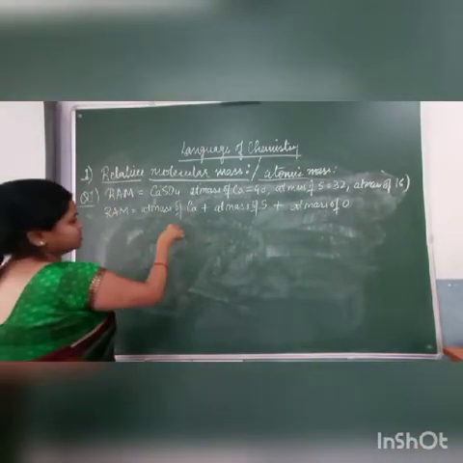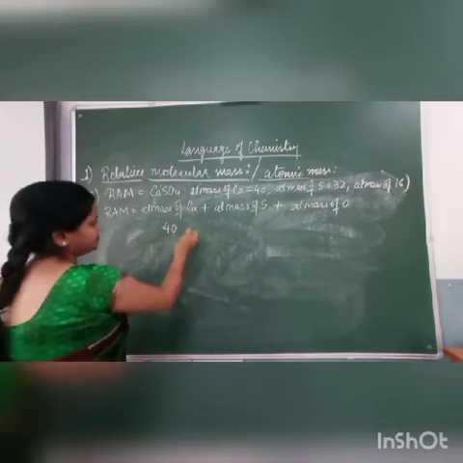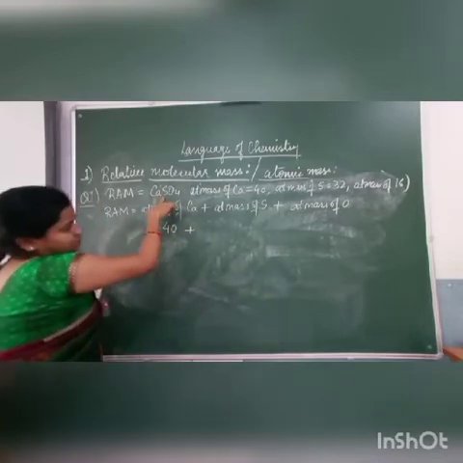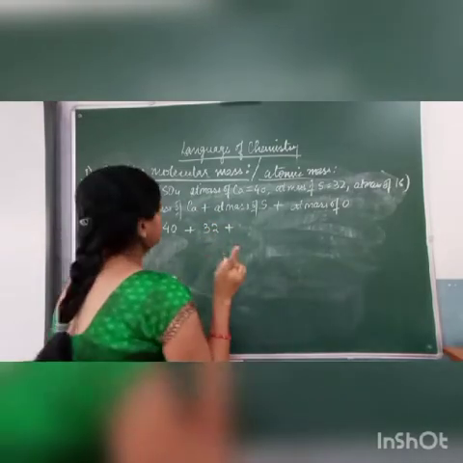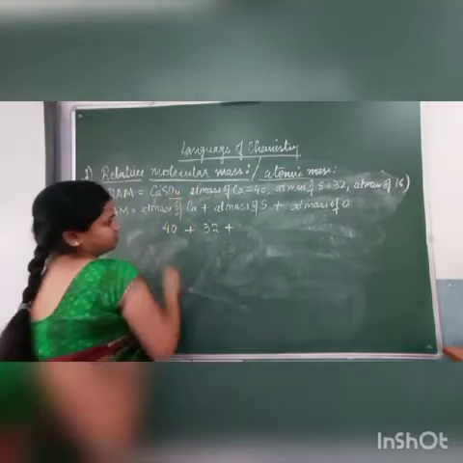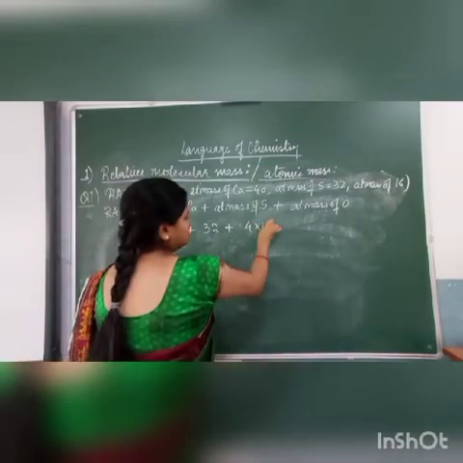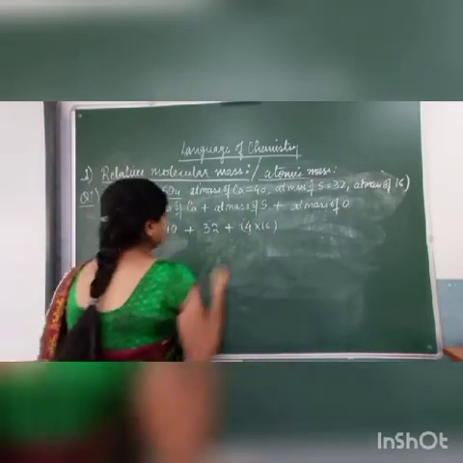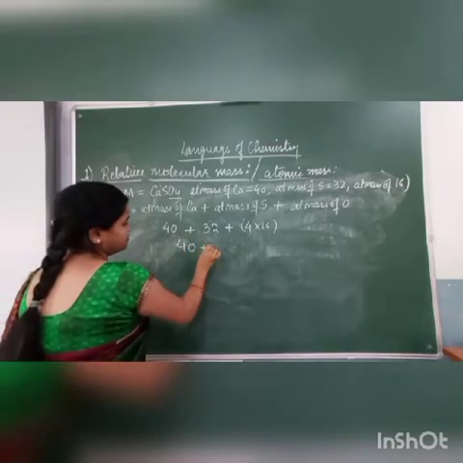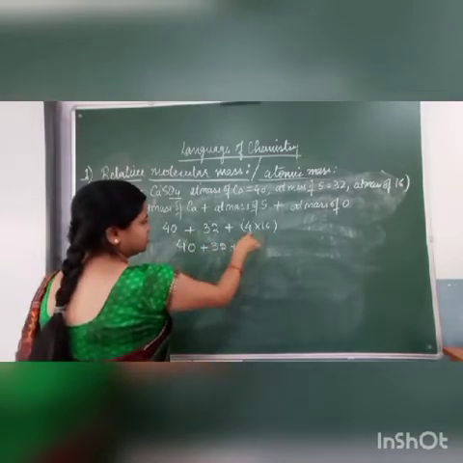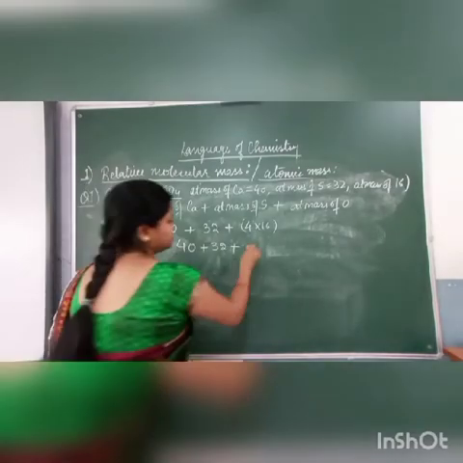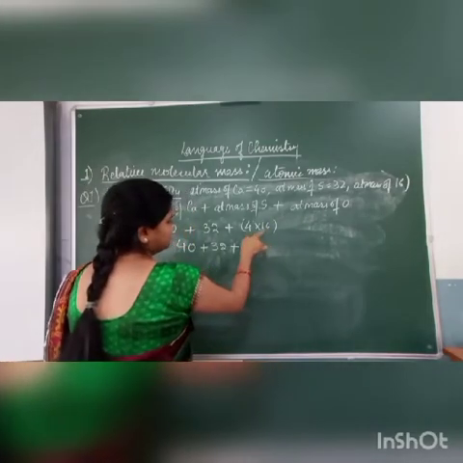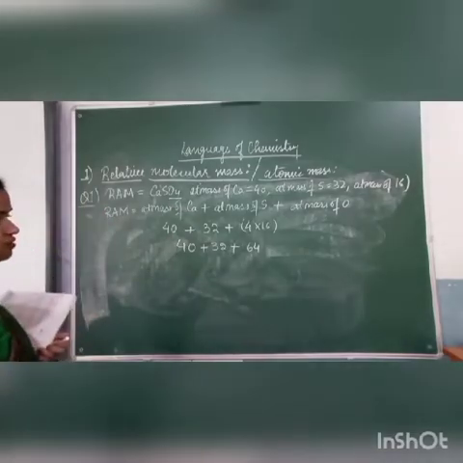Now there is only one calcium, means we will write 40. There is only one sulfur, means we will write 32. And there are 4 oxygen. See, 4 oxygen. It means 4 into 16. So 40 plus 32 plus 16 fours are 64. Okay.